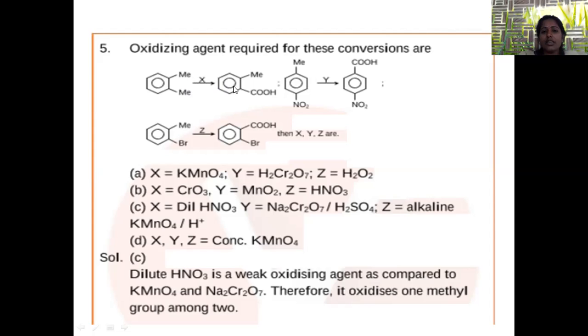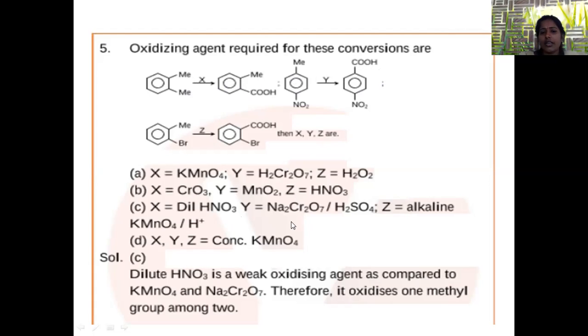That is the reason why a mild oxidizing agent like dilute HNO3 is required for this oxidation of one methyl group. And the second is para-nitrotoluene. When para-nitrotoluene is treated with a strong oxidizing agent, formation of para-nitrobenzoic acid is possible. Methyl to COOH, this type of conversion is possible under a strong oxidizing agent.